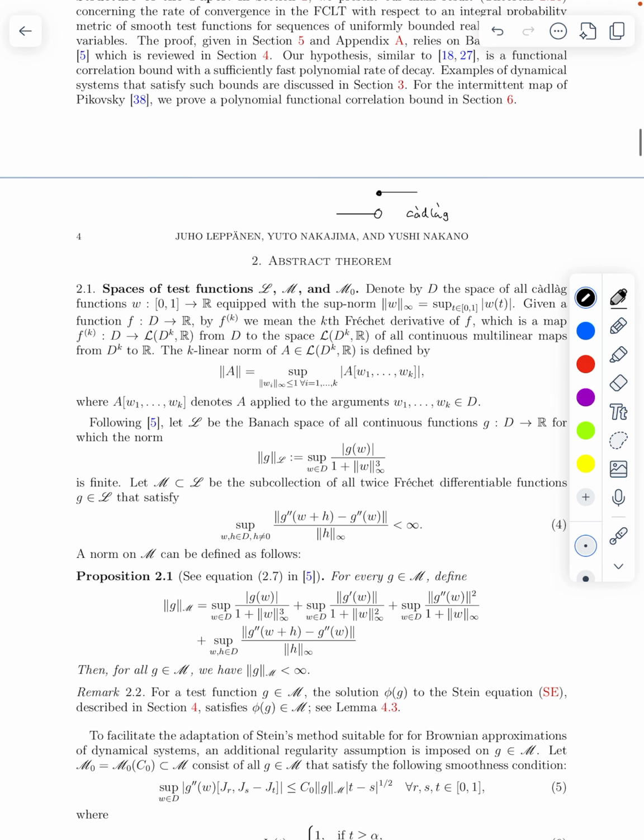So if I just tell you that this is C2 Lipschitz, I think that you would believe that this is probably the case, but let's prove it explicitly.